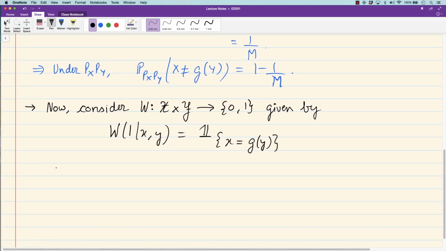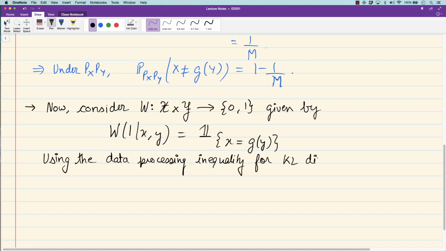So for this channel, we can use the data processing inequality for KL divergence.